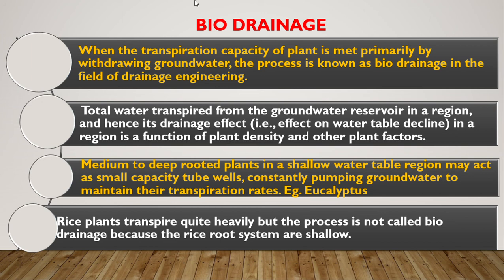Such plants are grown in areas having a high water table. Then the plants will extract the water and decrease the water table. That principle is known as biodrainage, and eucalyptus is one such plant which will extract more water from the ground.